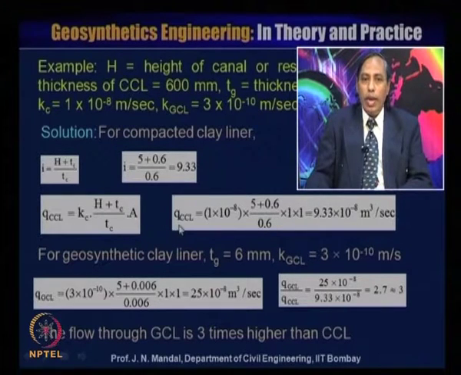So, you will have Q_CCL as 9.33 into 10 to the power minus 8 meter cube per second. This is the quantity of water flow through the compacted clay liner.